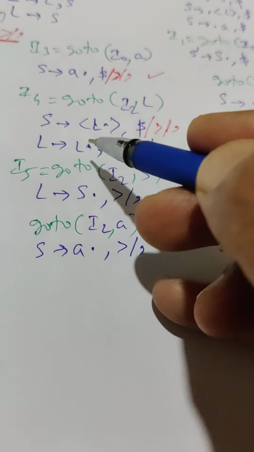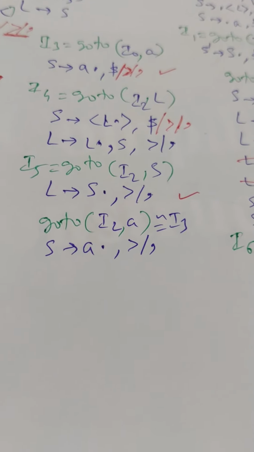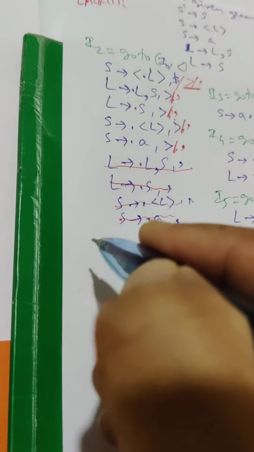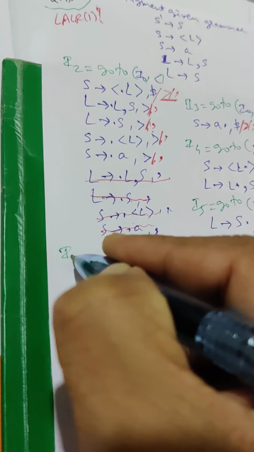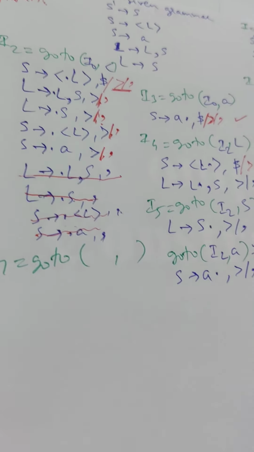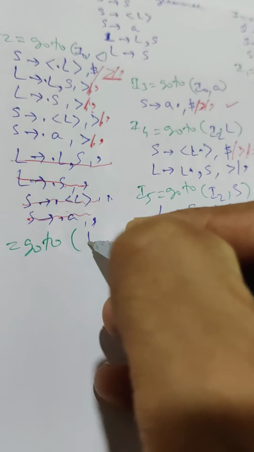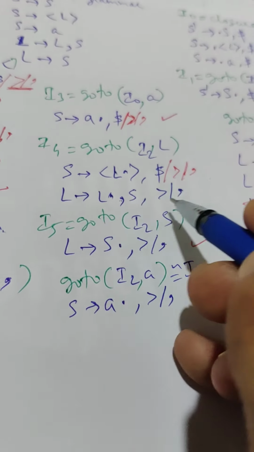Now this is going to be I4 comma comma, that's going to be atom number 7. So I'm writing here atom number 7 is goto of I4 comma comma. So we take this rule as it is along with the lookahead.